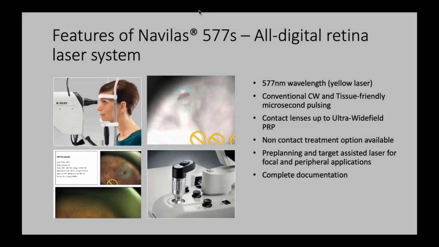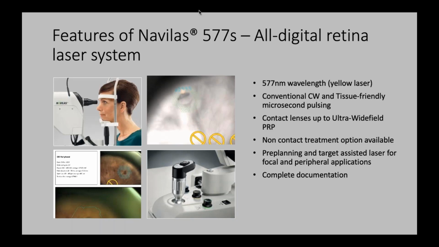Treatment with contact lenses can help deliver ultra-wide field pan-retinal photocoagulation. Focal macular laser is done by a non-contact lens, and more recently, non-contact treatment is now available for pan-retinal photocoagulation as well. The main advantages are that one can pre-plan the treatment for both focal and peripheral applications.